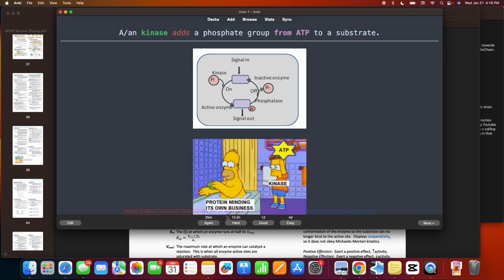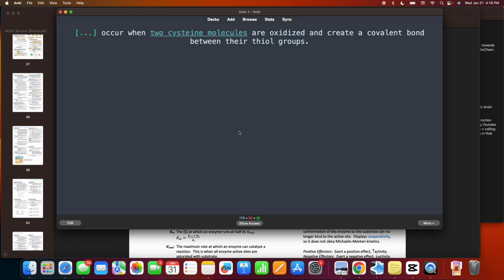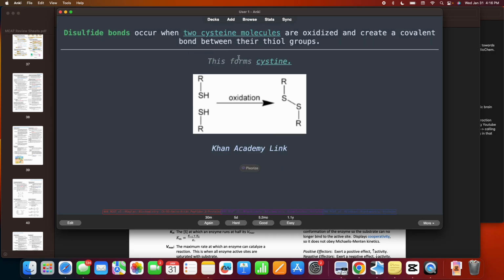What occurs when two cysteine molecules are oxidized and create a covalent bond between their thiol groups? This is a disulfide bond. This forms cystine, not cysteine. You just remove the E from the middle. I knew that. So this is a cystine.